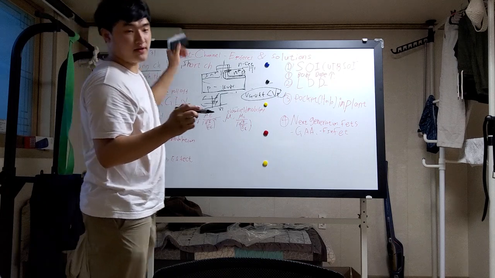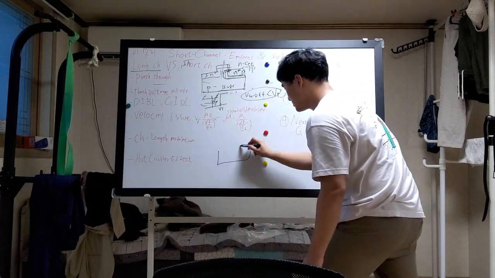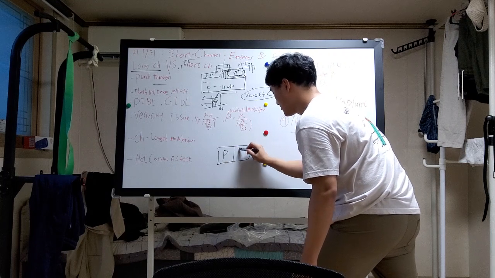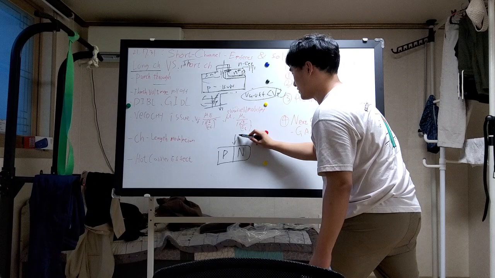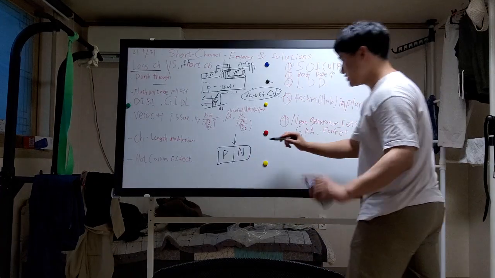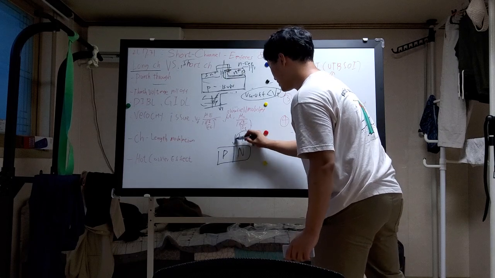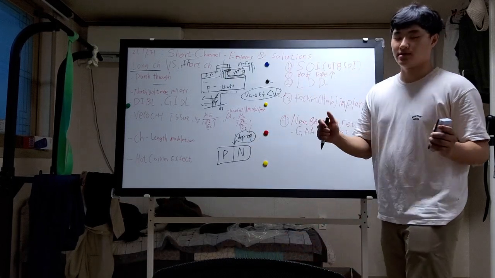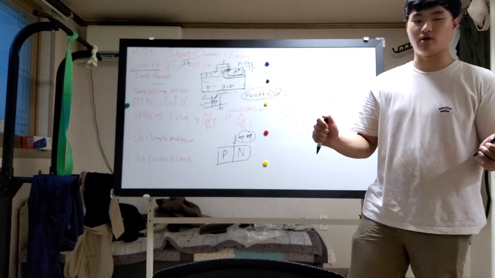Why does it happen? So let's see. For the PN junction, for the simple case, we know the center will be made of the depletion region. In this region, a strong electric field will be induced by the voltage.